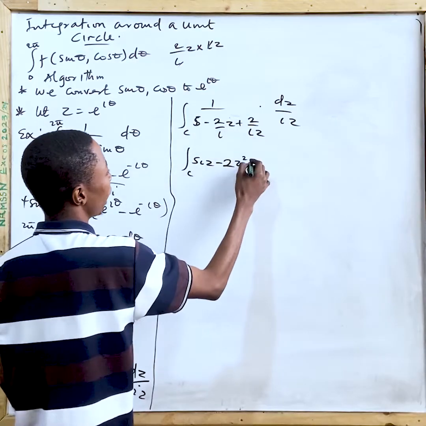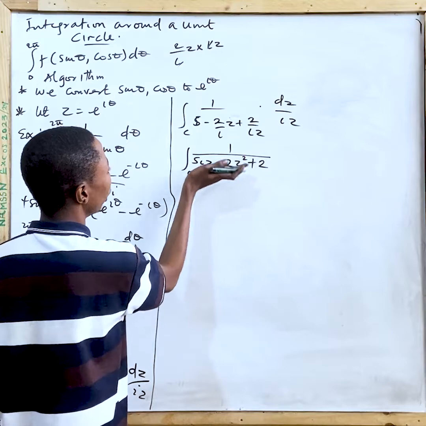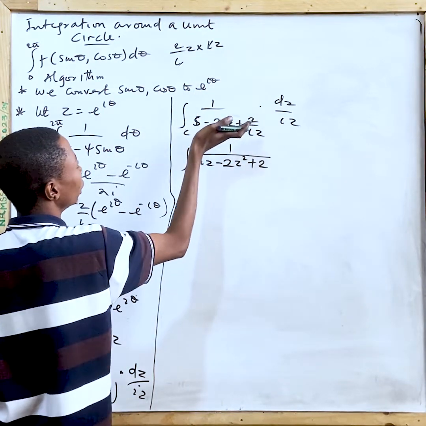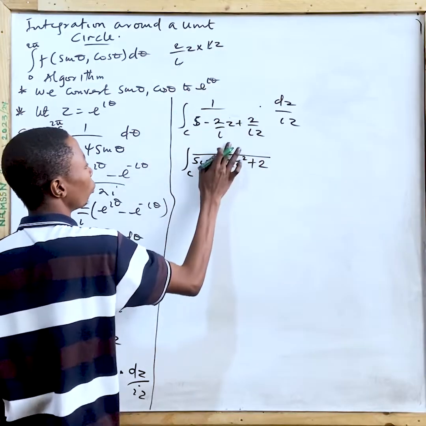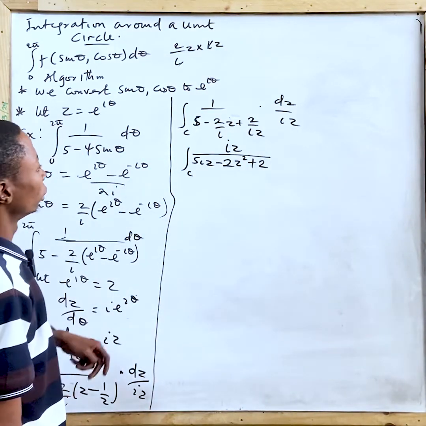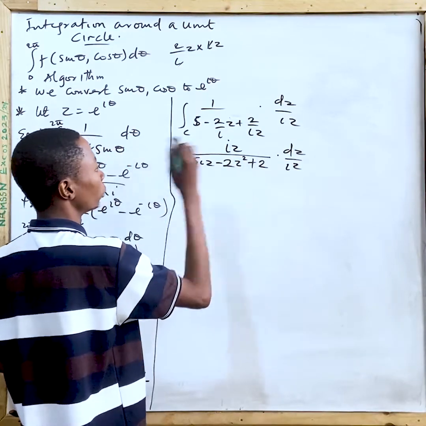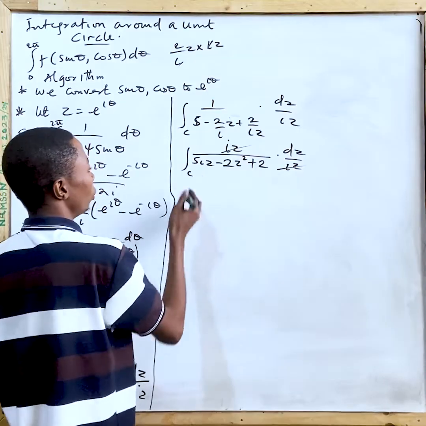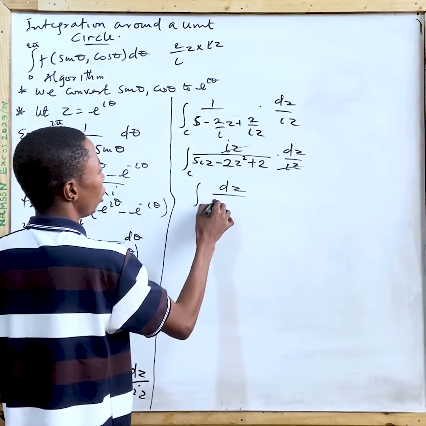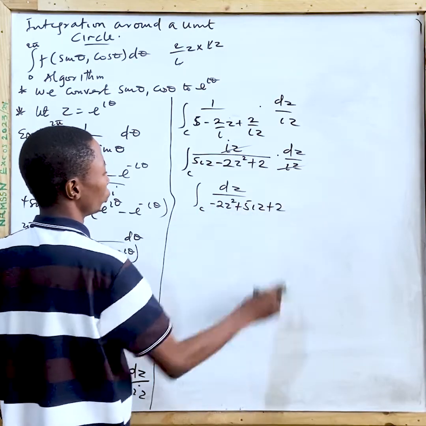Multiply 2 over iz by iz, that's plus 2. We're having 1 over that. And then, don't forget, the iz that we are using to multiply will go up like this, right? Times dz over iz. So what happened? iz cancels iz. So we are now having the integral of dz over minus 2z squared plus 5iz plus 2.